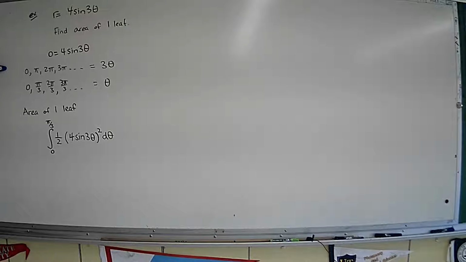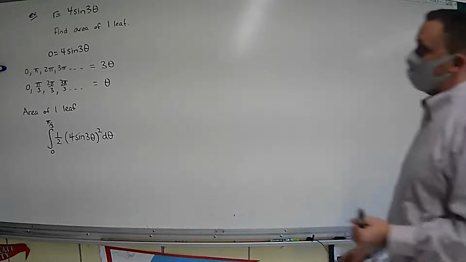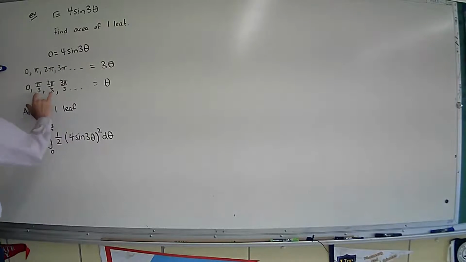If I said any leaf, then almost any two of these angles back to back would trace out a leaf. Okay? Well, that may not be true. Actually, I think.